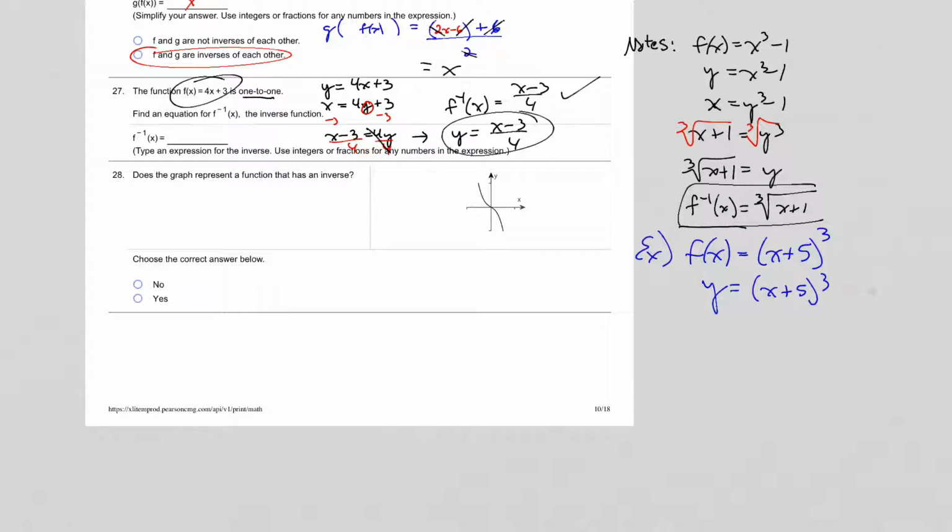Then we switch the x and the y. Then we start solving for y. So we want to get this guy by himself. So we need to do the cubed root in order to cancel out this cube here. So that will give us the y plus 5 by himself.